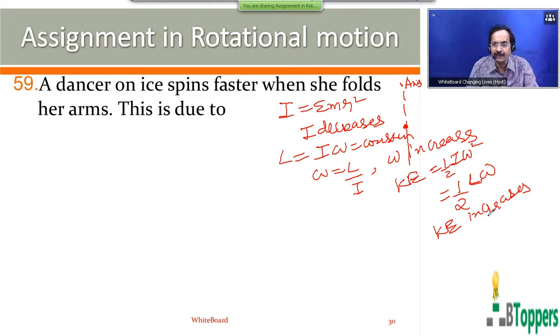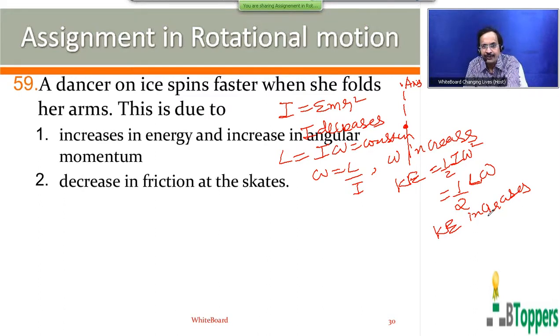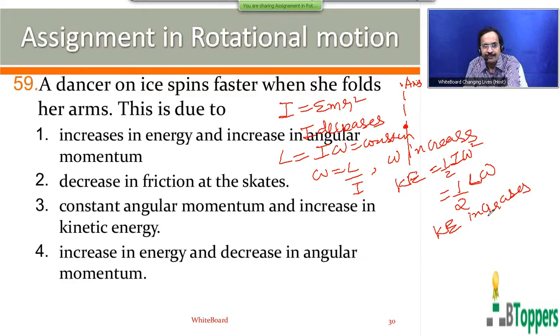That is, whatever work is done by the dancer in folding her arms results in an increase in the kinetic energy of the system. Therefore, the correct answer is constant angular momentum and increase in kinetic energy. That means the third option will be the answer.